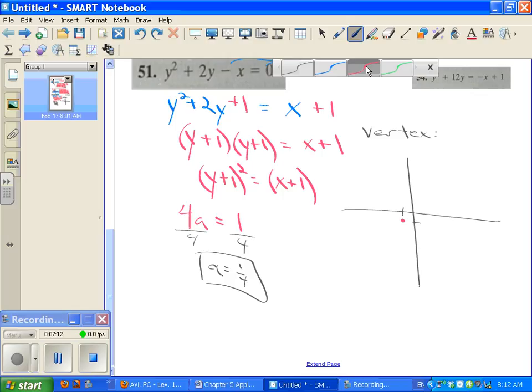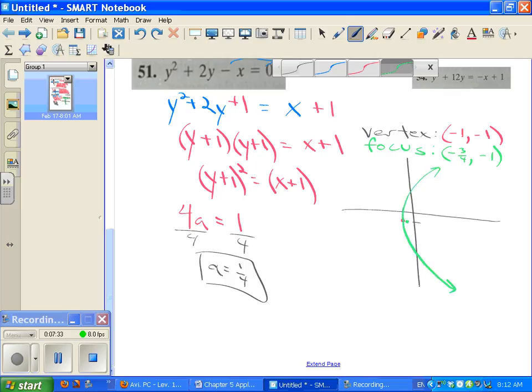that direction. So my vertex is at -1, -1, but my focus is going to be 1/4 that way, which means that that's going to be -3/4, -1. And then my parabola's going to open up like this.